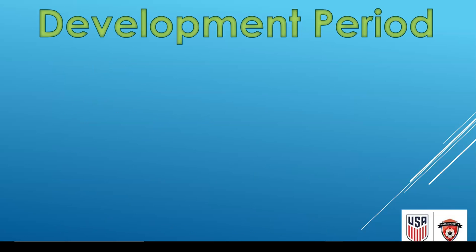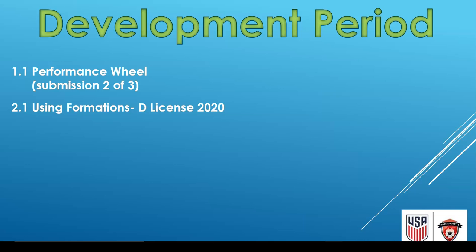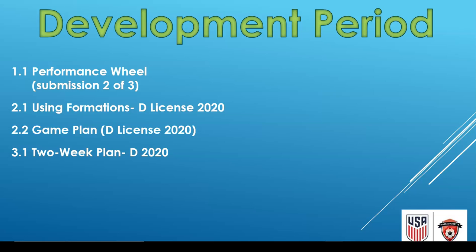Let's discuss the assignments. Each assignment has a due date, which must be met. First, there is submission 2 of 3 of the performance wheel. Next assignment, using formations, D-License 2020. Creating a game plan. Creating a 2-week periodization plan.